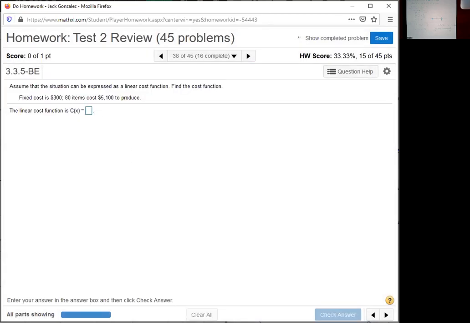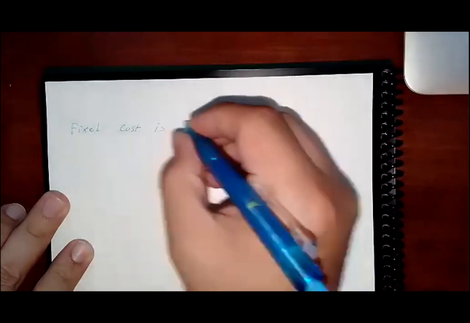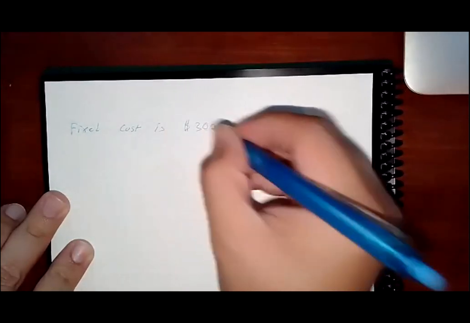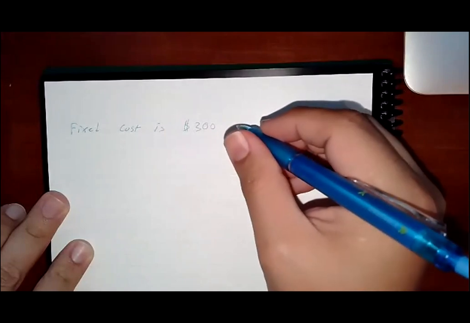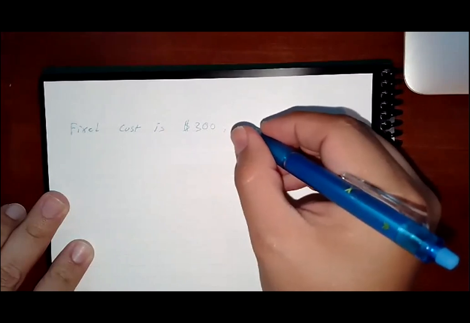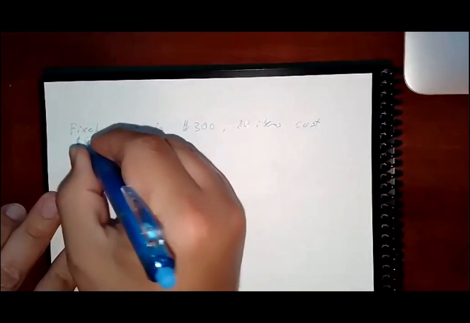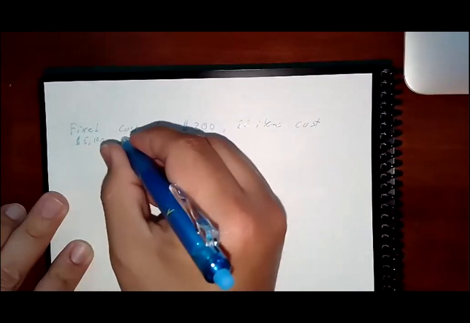So here, go ahead and write this one down. Okay. They said the fixed cost is $300, and 80 items cost $5,100 to produce.